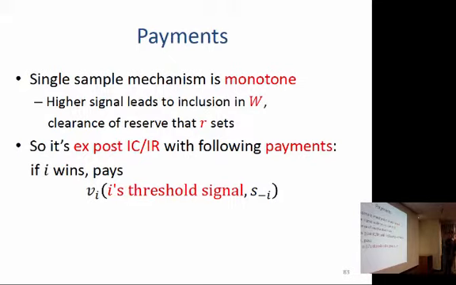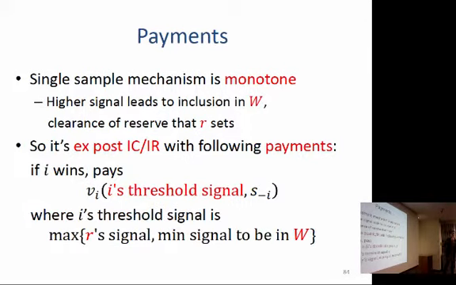In particular, a payment will look like this. You take the value of bidder i, you plug in the signals of all the other bidders, and then instead of his signal, you plug in the threshold signal, which means the smallest one with which he still wins. Here, in order to win, you have to first clear the reserve, be higher than R's signal, and then also be part of W.